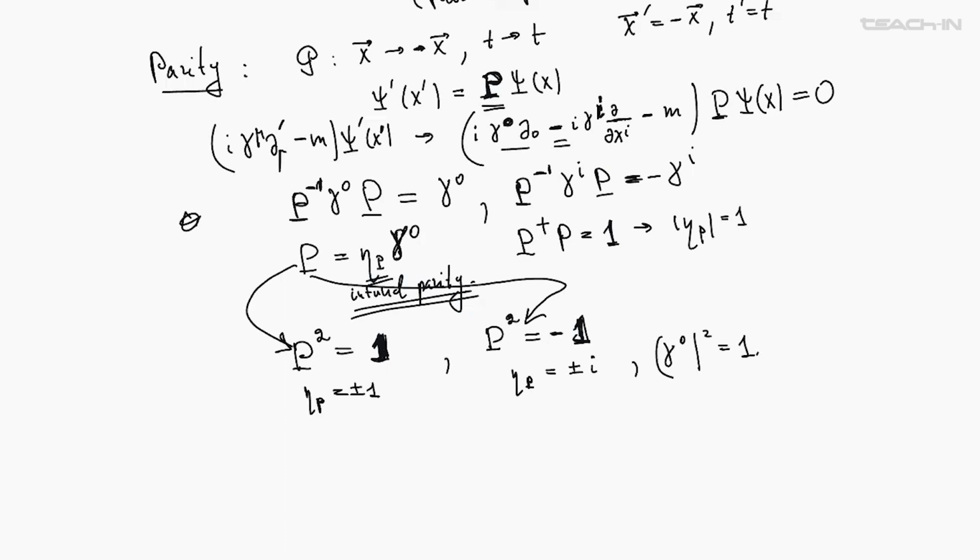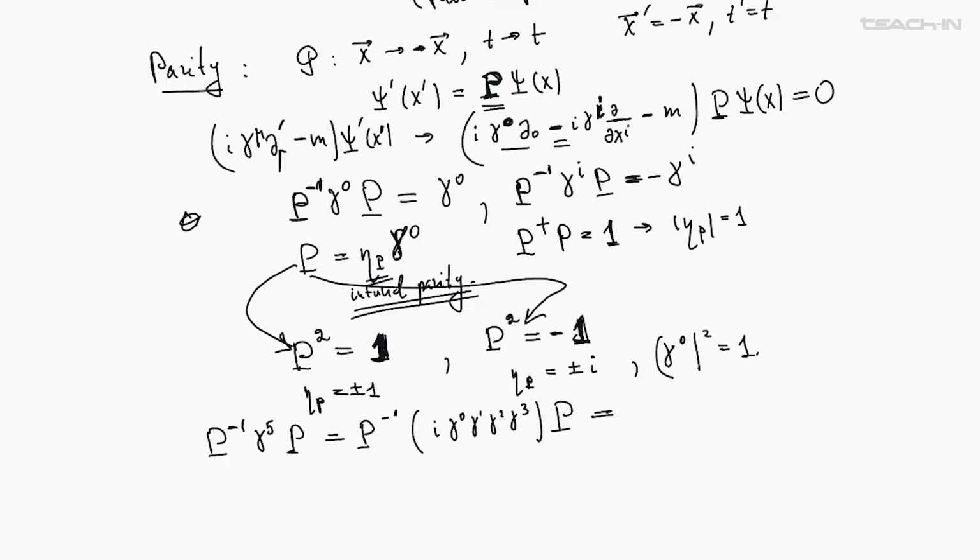You can also find out that P anti-commutes with gamma 5. So if you take P minus 1 gamma 5 P here, then gamma 5 is i gamma 0 gamma 1 gamma 2 gamma 3, and P is proportional to gamma 0, and you need to move gamma 0 through all these gamma matrices.